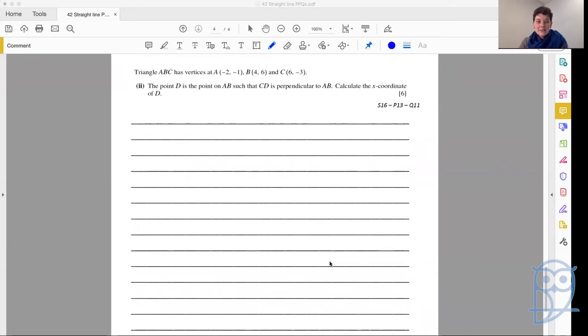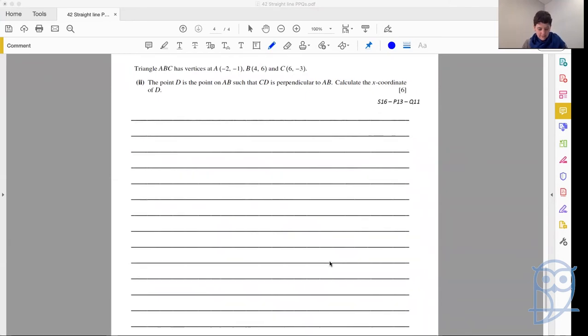Our last question, no, I'm losing it today, sorry. Our last question for today is triangle ABC again, has vertices at A, B, and C. The point D is the point on AB such that CD is perpendicular to AB.